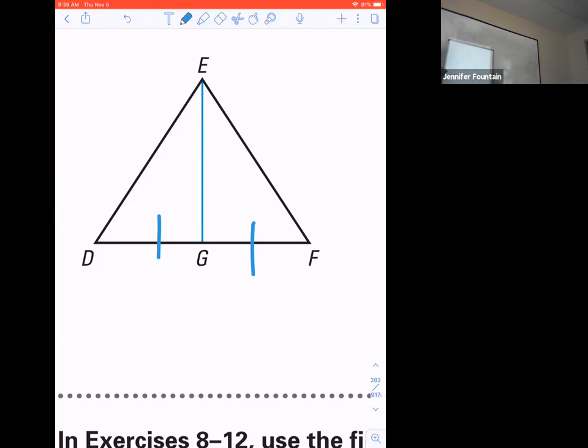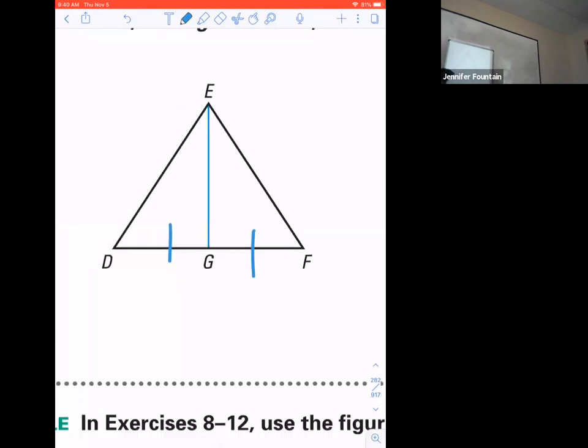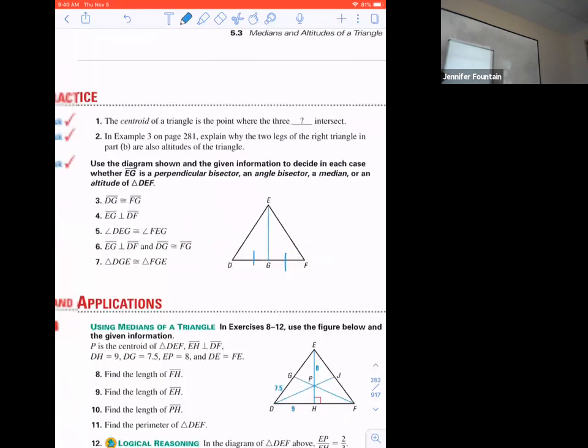Median. The median, yes. Okay, so our median intersects at the midpoint. Think about median, midpoint. They both start with M's. If I have a midpoint, I have congruent sides. So if I have congruent sides, I know it's the midpoint.